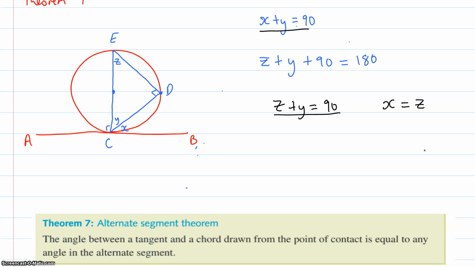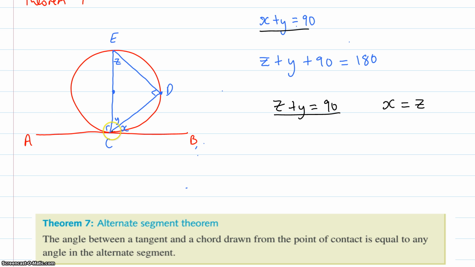Now that means Theorem 7 says that the angle between a tangent and a chord drawn from the point of contact, so that angle in here, is equal to any angle in the alternate segment. We've got the segment here, and this is the alternate segment out there. So anytime we draw a line from the point of contact to another point in the circle, it will make two segments, and in the alternate segment, this angle in here, Z, will also equal this angle here, X.